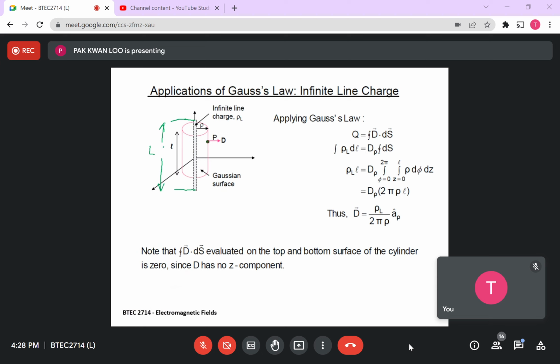Now come back to our discussion: if this is uniform and finite with length capital L, why does applying Gauss's law fail? It is because imagine that you move your Gaussian surface up and down. So for a finite line of length capital L, let's say you move your Gaussian surface to somewhere here.